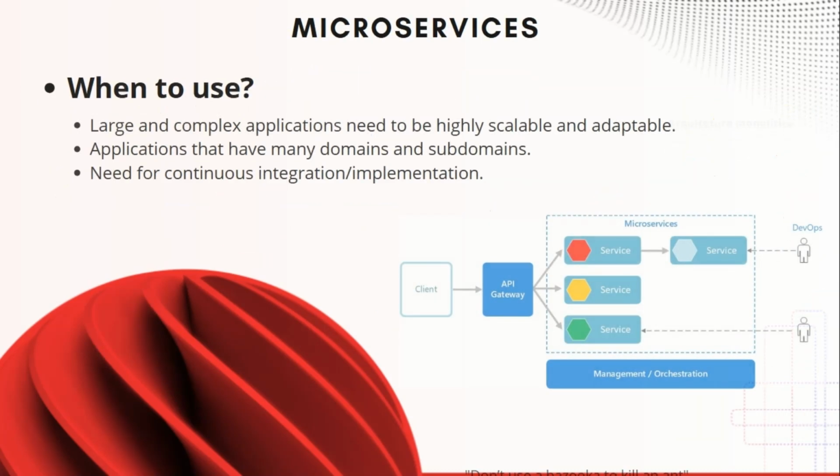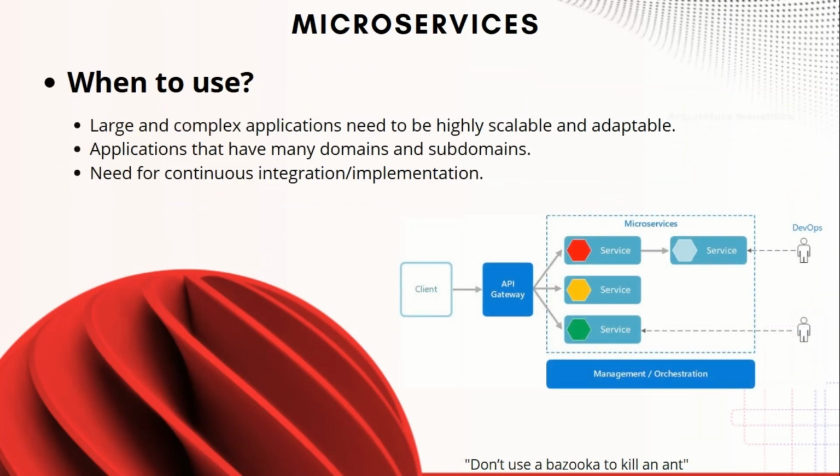Well, when to use microservices? Large and complex applications that need to be highly scalable and adaptable. Applications that have many domains and subdomains and need continuous integration and deployment.